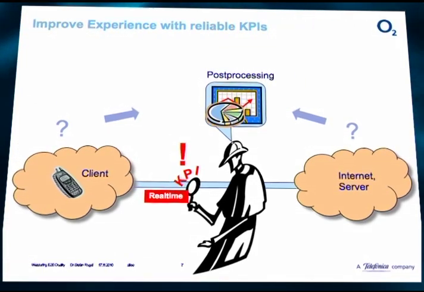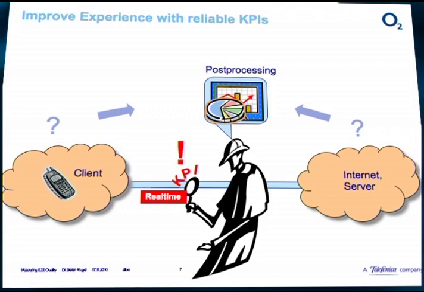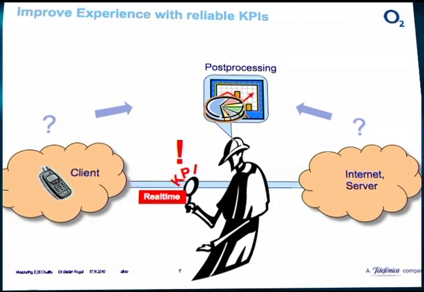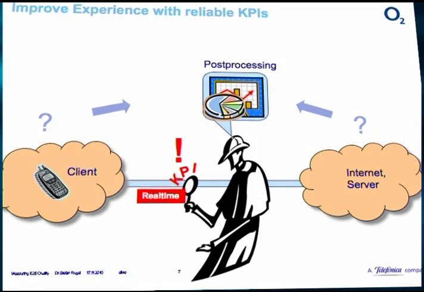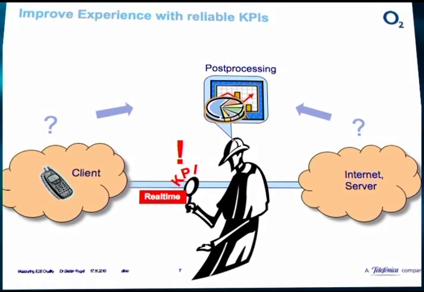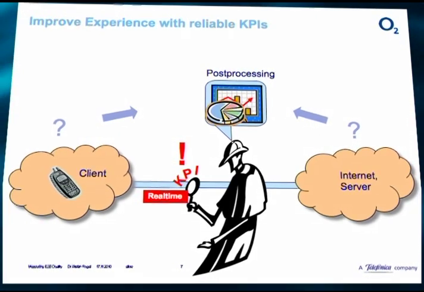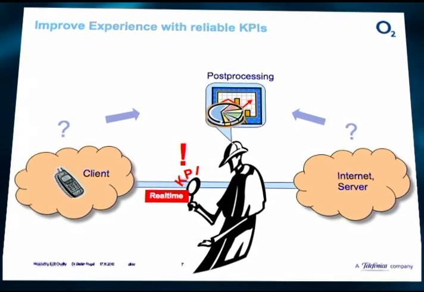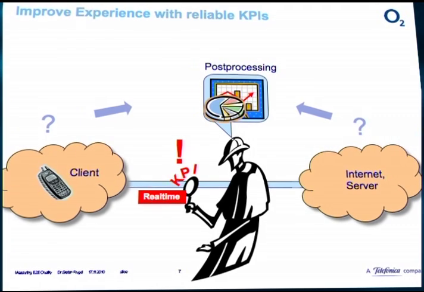First you have KPIs, which are obtained in real time, and once you get that, you can put it into a database and do some post-processing. And this may help you to complete your knowledge with additional information you don't find in your KPIs, because information cannot be seen to 100% and may be hidden at the endpoints, at the internet, at the server, and also at the client. So post-processing may help you to answer some open questions there.